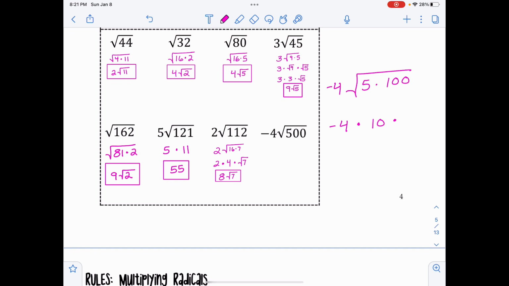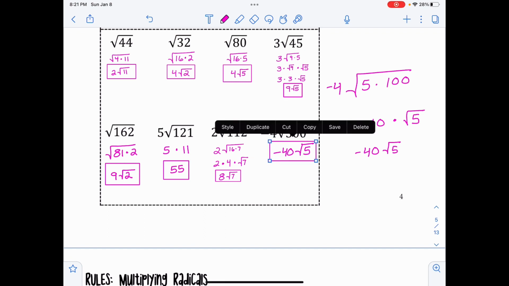And then square root of 5, which I cannot do anything about. So negative 4 times 10 is negative 40 times the square root of 5. There it is, simplified. So this one works out to be negative 40 times the square root of 5. Ta-da!